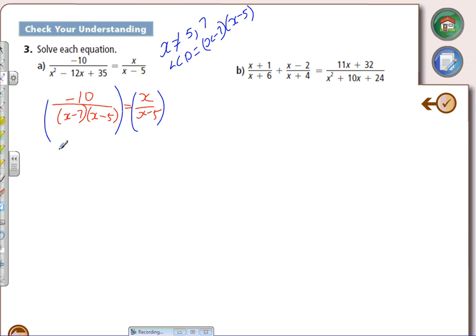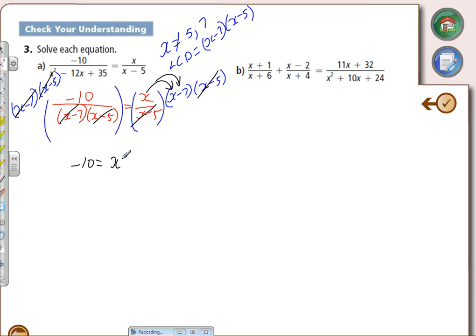Multiply both sides. Both of those cancel off. That one cancels off. We get left with negative 10 is equal to x going into there.